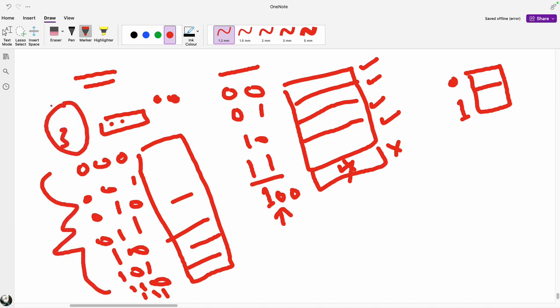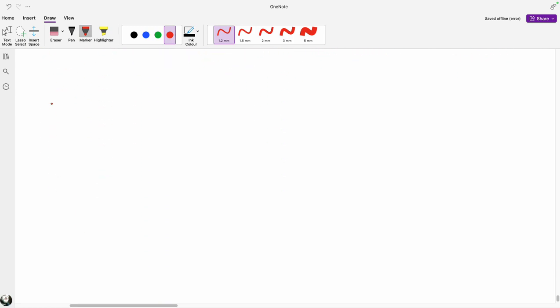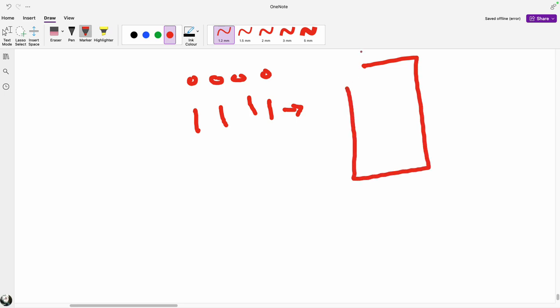Now if I have 4 bits, that will go from 0000 up to 1111. This is 15, so I can have from 0 to 15, that is 16 locations. So I can have a memory of 16 locations. Right or wrong? Right.